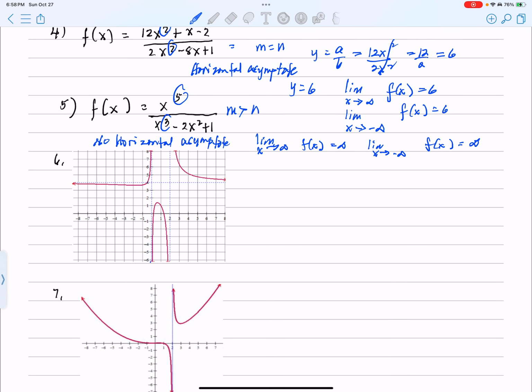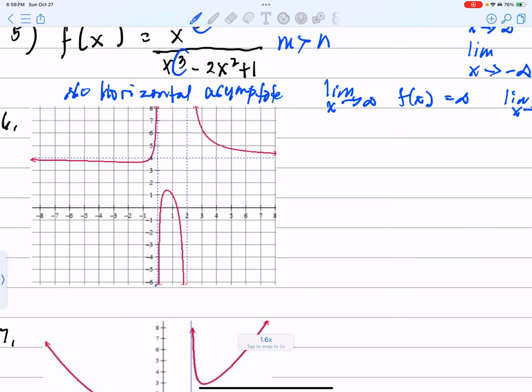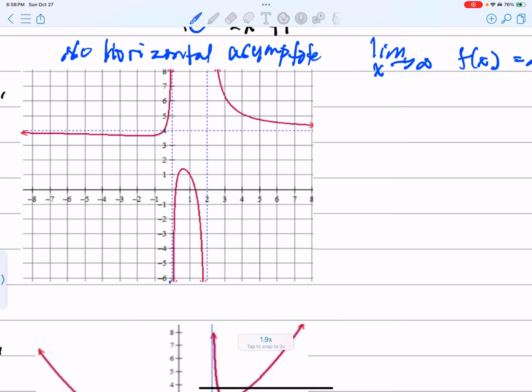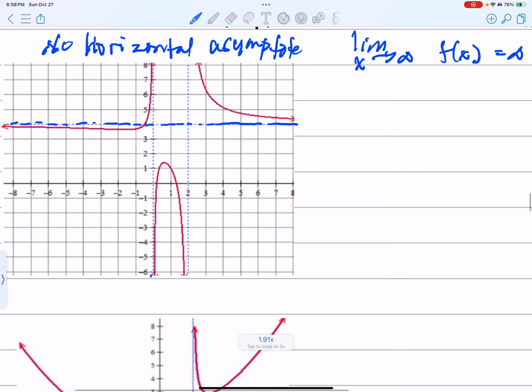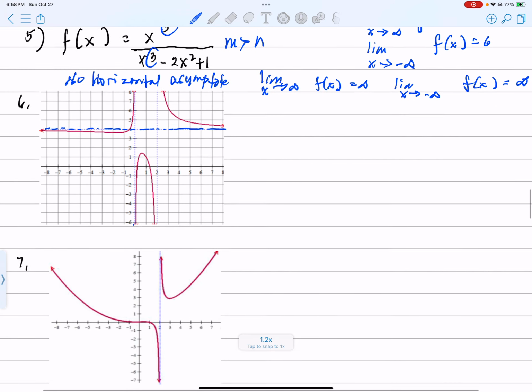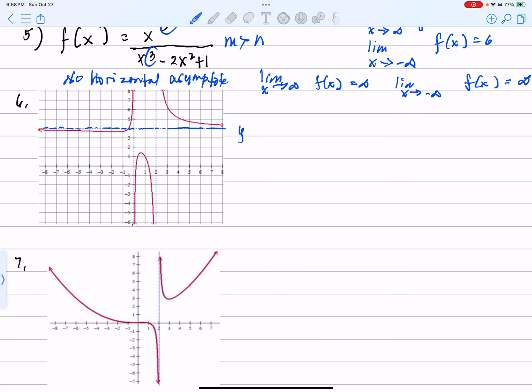Is there an asymptote? I can see a broken line here. I will trace it. It passes at y equals 4. So we can see a horizontal asymptote there, y equals 4.